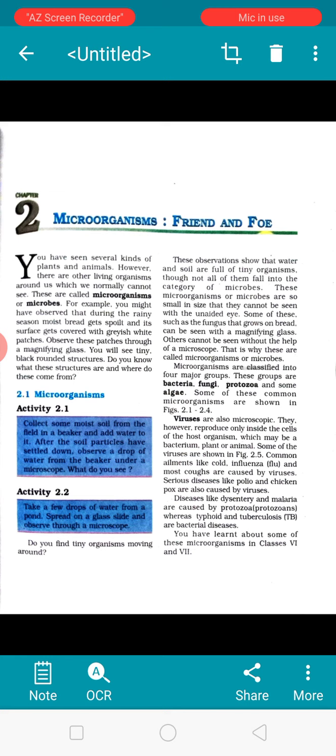Then what are microorganisms? The organisms that we normally cannot see with our naked eyes are called microorganisms or microbes. They can be seen only with the help of a magnifying glass or a microscope. For example, you might have observed that during the rainy season, the moist bread gets spoiled and its surface gets covered with greyish white patches.